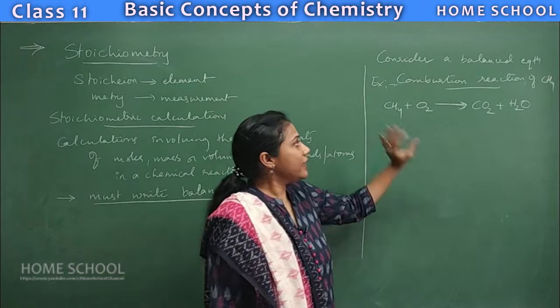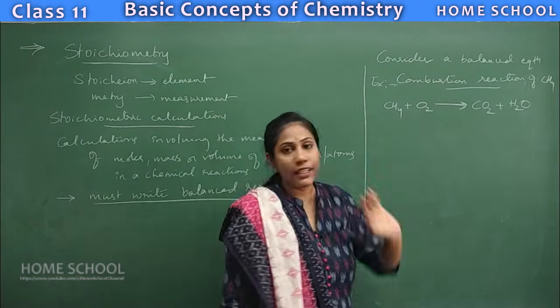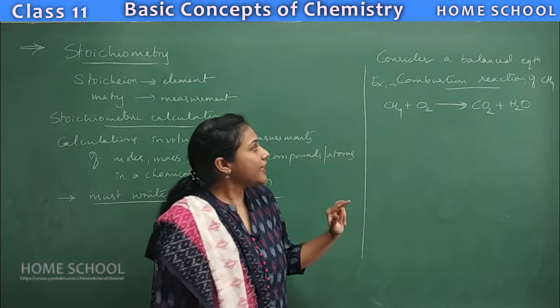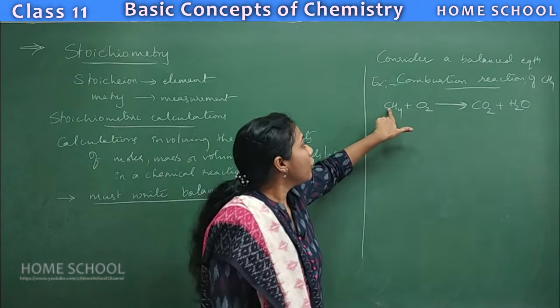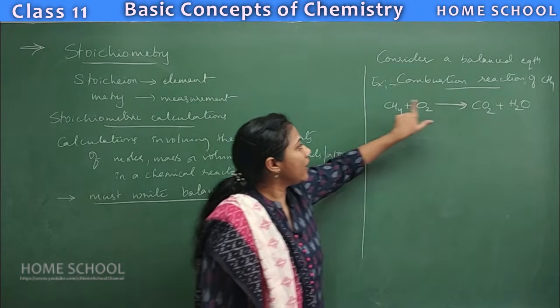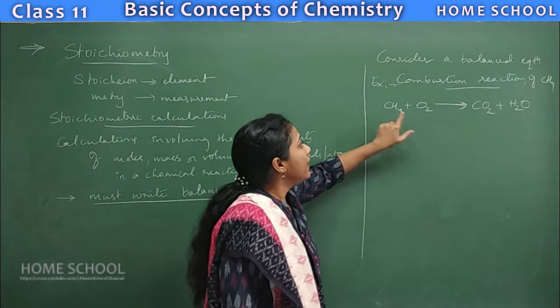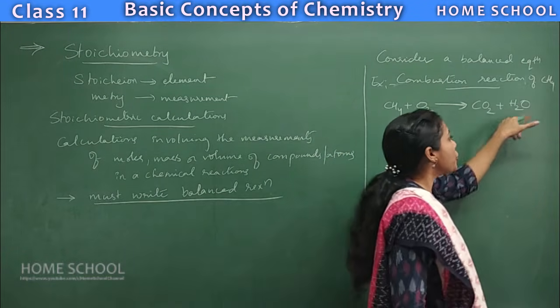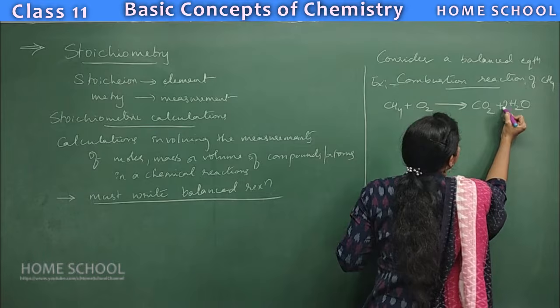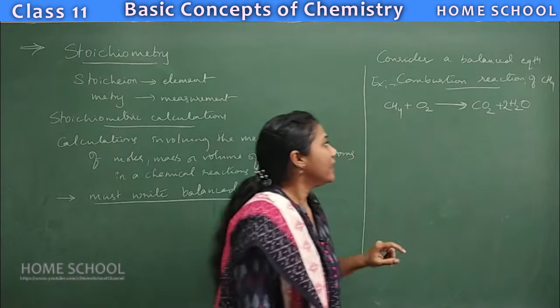Once you write the reaction, try to balance the equation. Is the equation balanced? No, you have to balance it. Check the carbons first. One carbon, one carbon. Later hydrogens: four hydrogens here, two hydrogens here. You should make four, so you add 2 there.